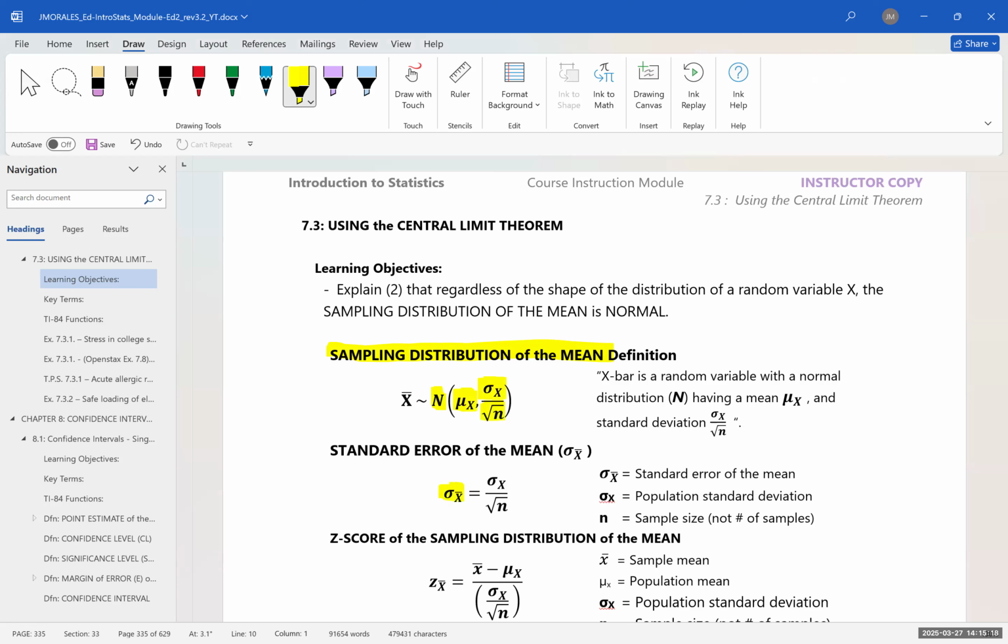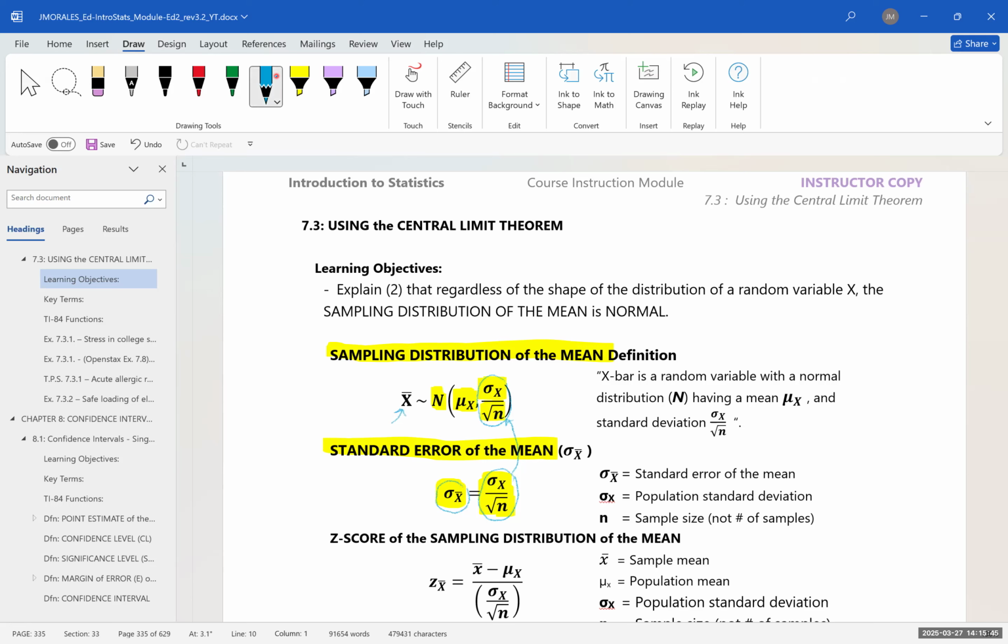The standard deviation of the sampling distribution of the mean is also called the standard error of the mean. And this is how you can calculate it separately. This is the same fraction that's used up here, okay, to describe the standard deviation for this distribution.